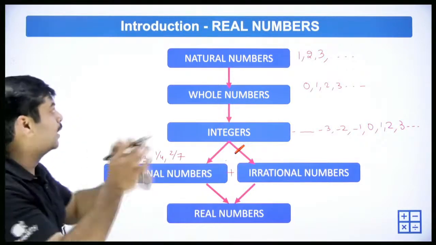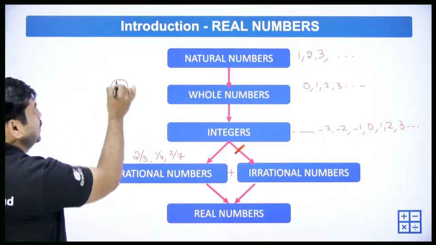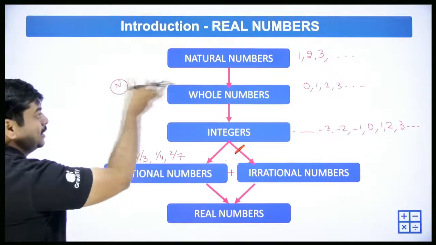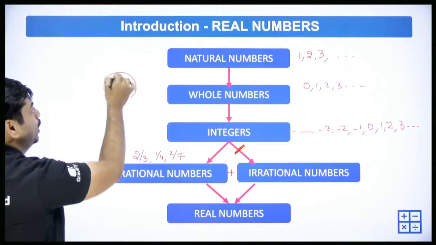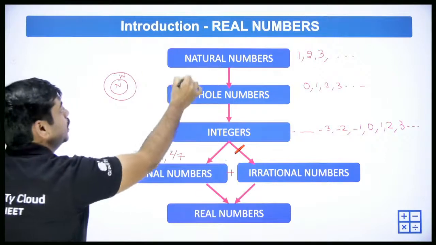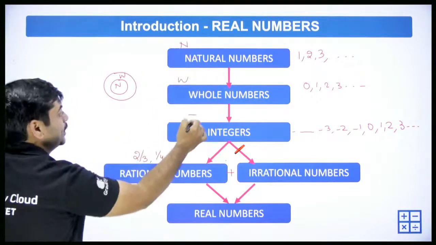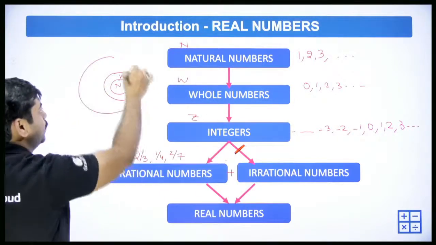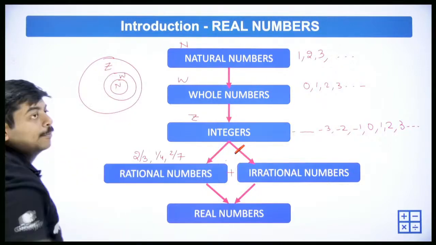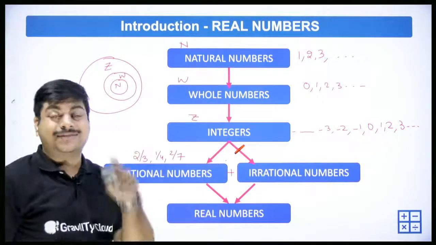I'll tell you in another way. Let us say this is a circle of natural numbers. Extended to 0, we have whole numbers, which is represented with W, this with N. Integers with Z, an extended version of this one, with both positive and negative numbers as well as 0.